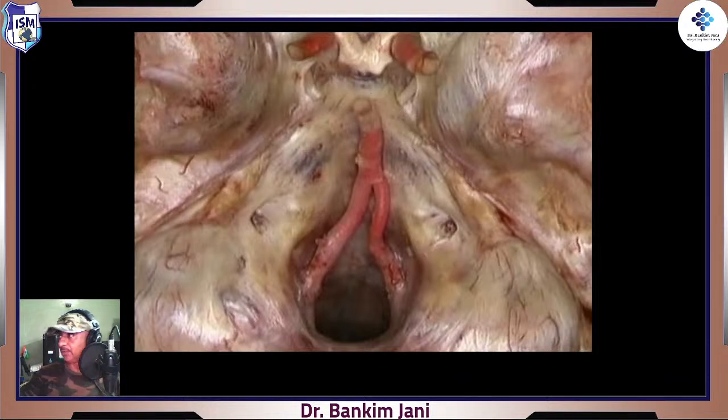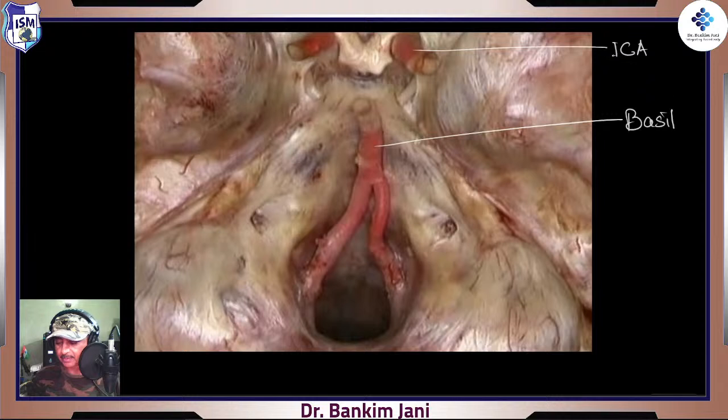See, for the orientation, what we have done so far: this one is internal carotid artery, that is good, and this one is basilar, and this one is vertebral, both of them.